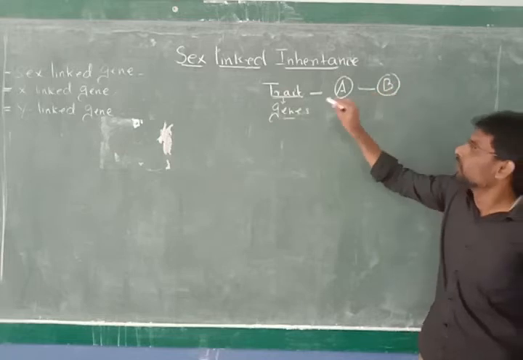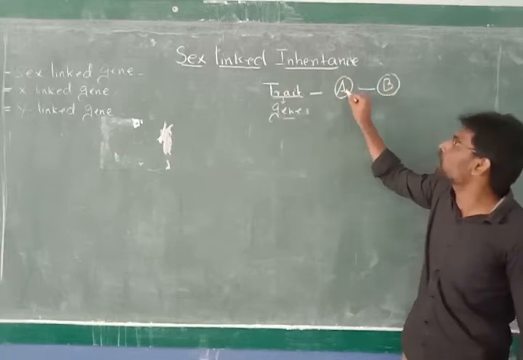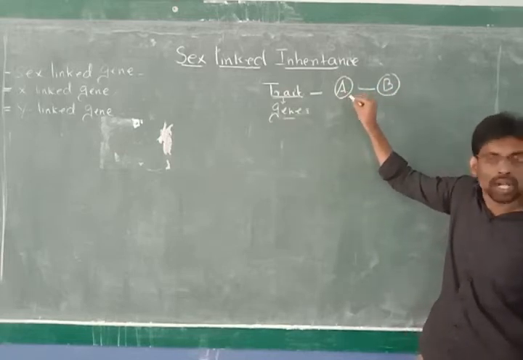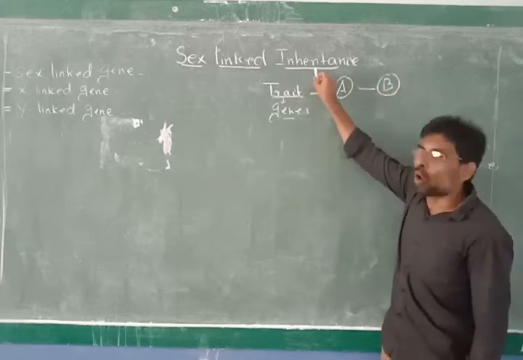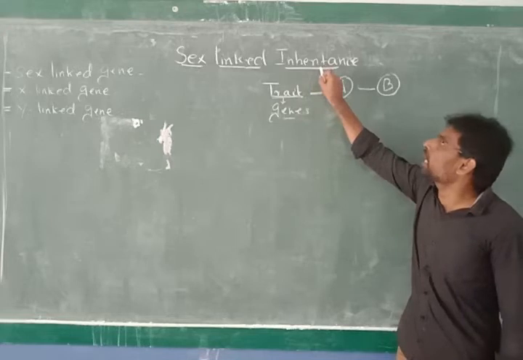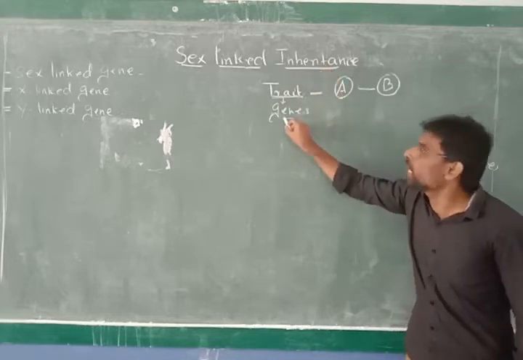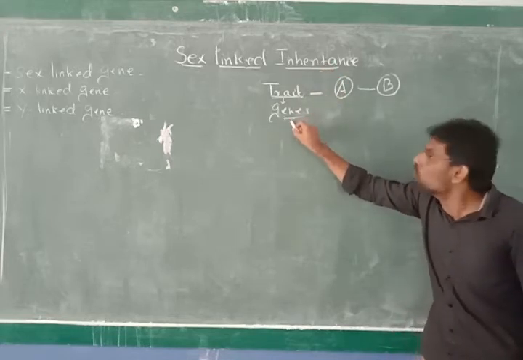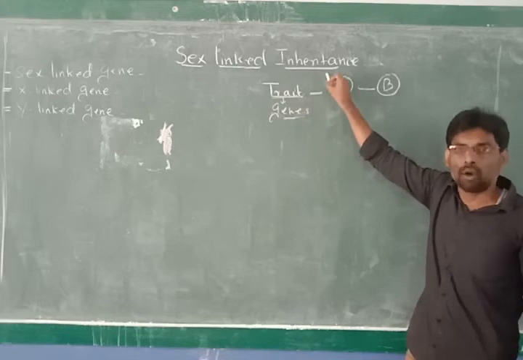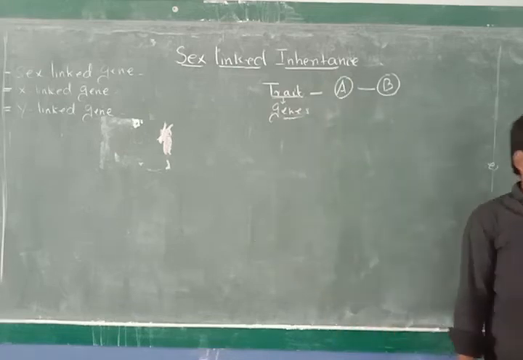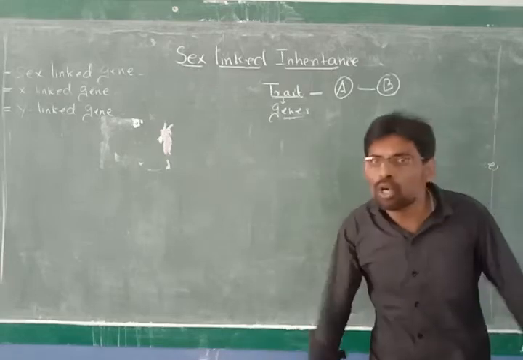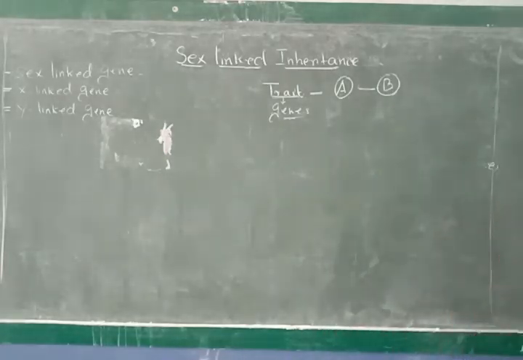In the sense, the genes are responsible for transmitting the traits from one generation to another. That is what inheritance is. So for inheritance to take place, you need genes. Without genes, there is no inheritance. These genes are located in all the chromosomes, in all 46 chromosomes.